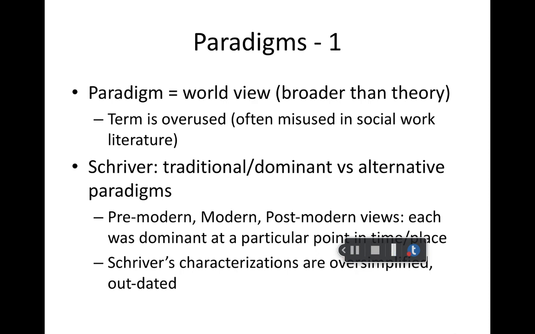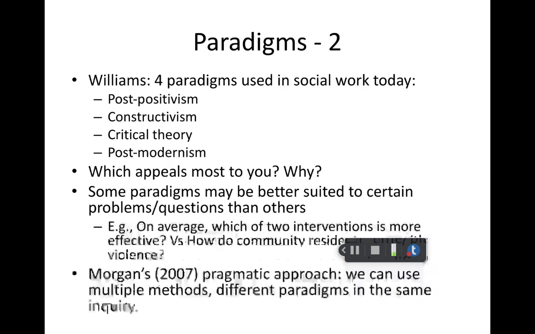Now, one of the reasons we asked you to read the Shriver article was to have you contrast it with Williams' article. Williams also talks about paradigms, but she talks about 4 paradigms that are used in social work today. These are the post-positivist paradigm, which is focused on scientific methods, but not in the rigid sense that the early modern scientists viewed science.